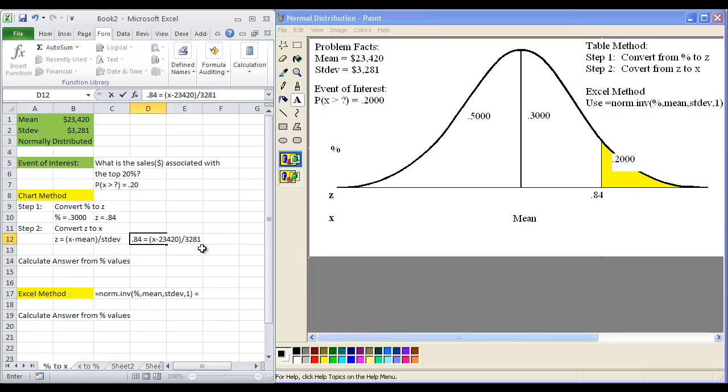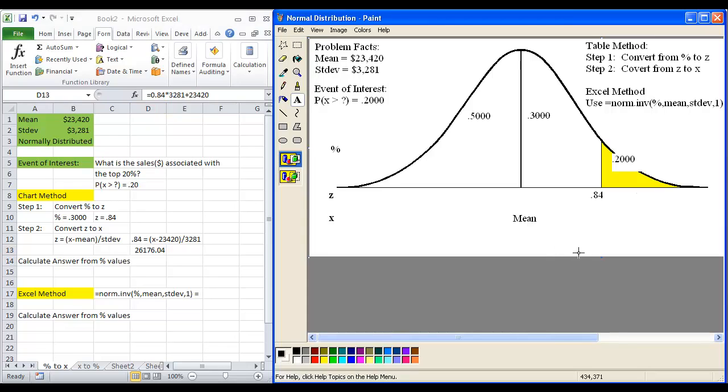Now if you solve that using regular algebra, you're going to multiply both sides by 3,281, so we're going to multiply 0.84 times 3,281. And since we want to get x by itself, we're going to do the opposite of subtract, so we're going to add 23,420. And we're going to come up with 26,176.